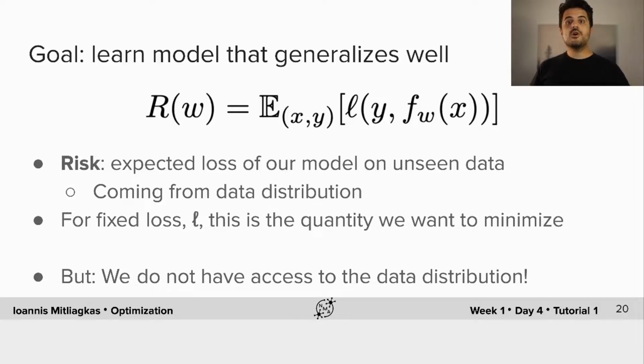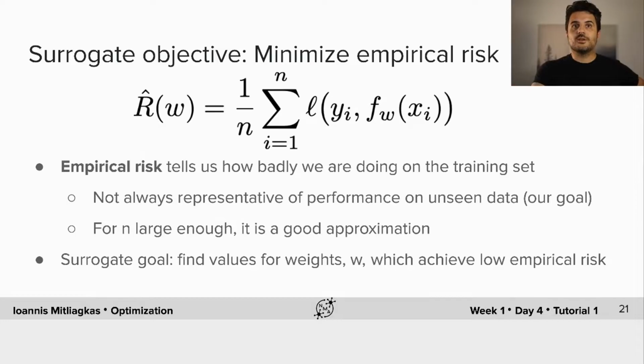Unfortunately, we do not have access to the data distribution. We only have access to a sample that we drew from the data distribution. So we have to adopt a surrogate objective. Instead of that expectation from the previous slide, which is not possible to calculate because we do not know the actual data distribution, we have this empirical surrogate.